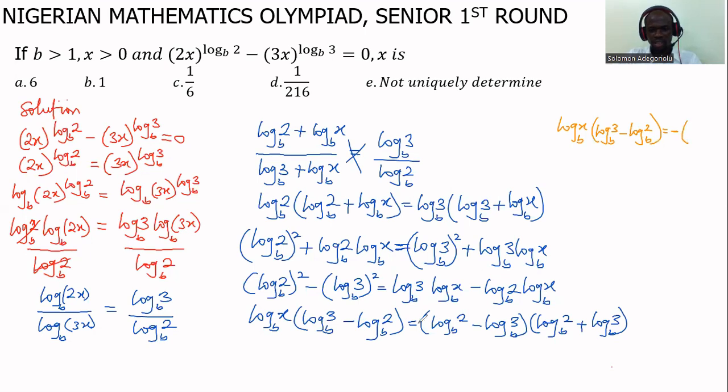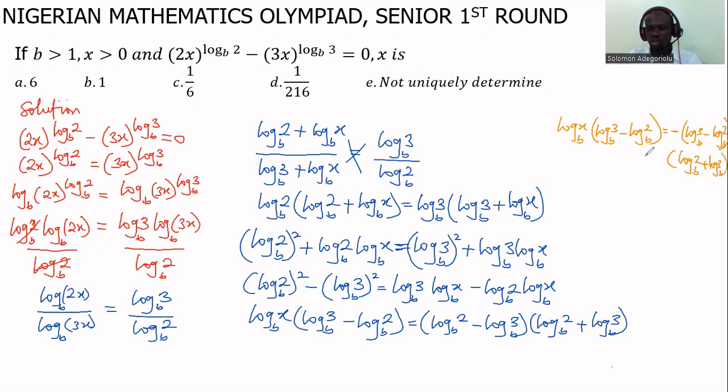If I introduce a minus at the front here, the minus is going to affect what I have here. So I can write this to be log 3 base b, then this one here is going to be negative now, that's minus log 2 base b. We close the bracket. Then this other bracket here, we have log 2 base b plus log 3 base b.